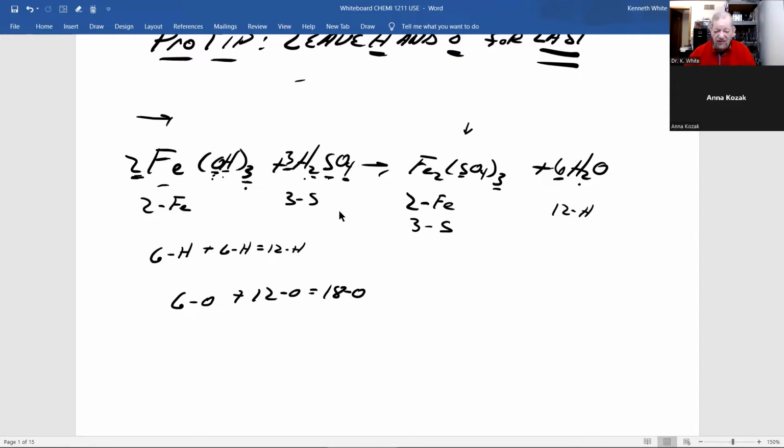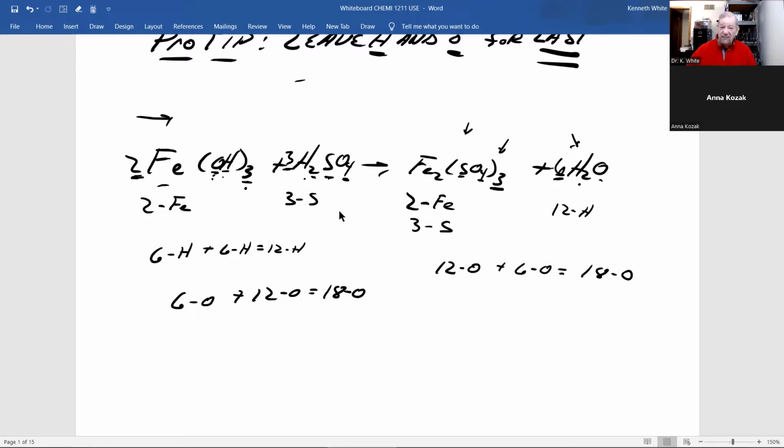Now we come on this side and notice there's a 4 inside the bracket, which you multiply by the number subscript to the right outside the bracket. That's this right there. 4 times 3 is 12 oxygen. Then here, 6 times 1 is 6 oxygen. Add those together and you get 18 oxygen.